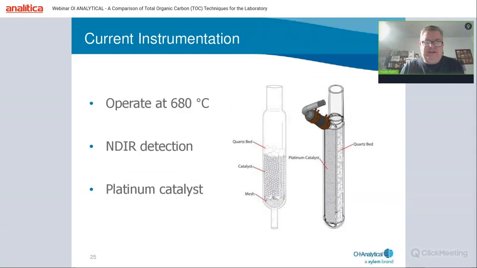For our current instrumentation for combustion, we operate at 680 degrees C. We use NDIR detection and a platinum catalyst.